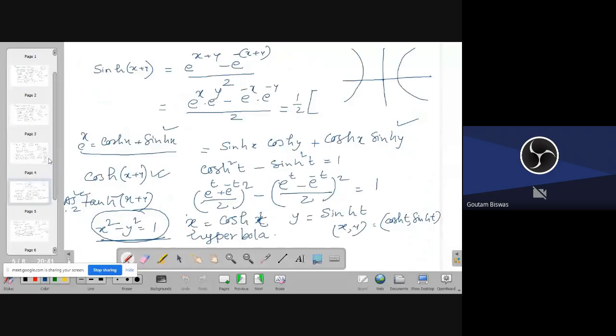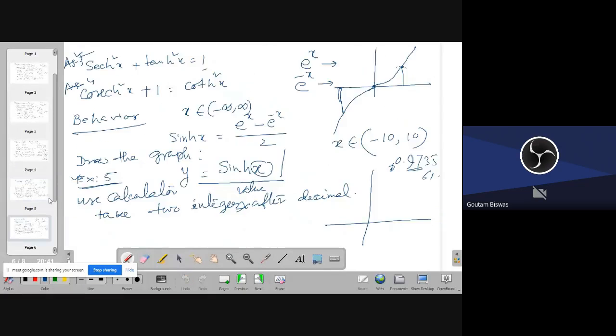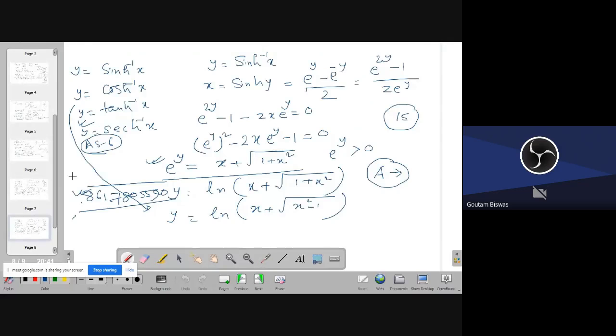This is the 4th page. And this is the 5th page. And this is the 6th page. Okay.